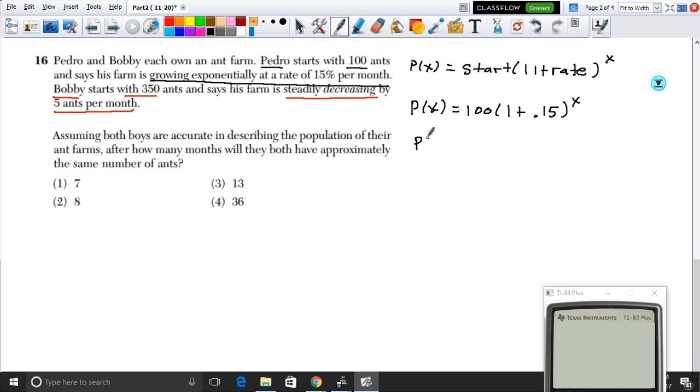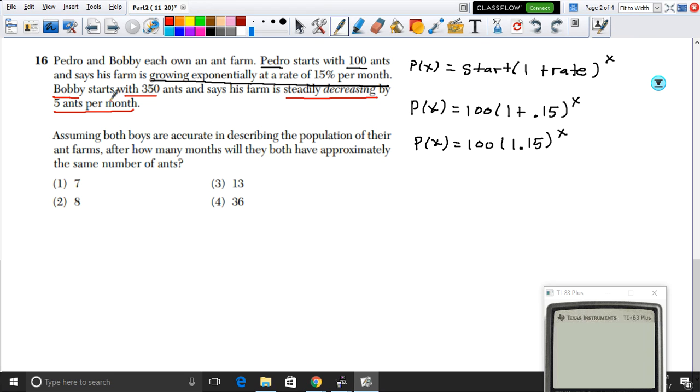So the equation for Pedro is 100 times 1.15 to the x. We know this is Pedro because it says it's exponential, and this is how you write an exponential function. Oh, I wrote an extra one, I'm sorry. It says 1 plus the rate. All right, so that looks more like it. That is Pedro.